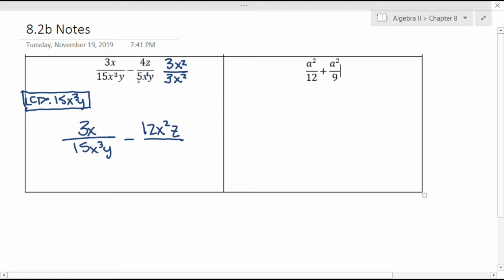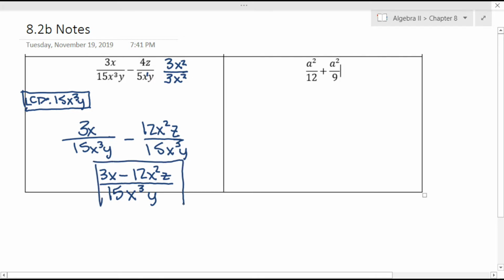On the bottom, I've got 5 times 3 is 15. x to the first times x squared is x cubed, and then my y. And now I'm just subtracting the top minus the bottom. So we're going to get 3x minus 12x squared z. These aren't like terms, so I can't combine them, over 15x cubed y. And that's the answer.